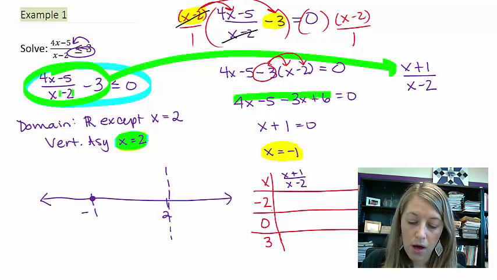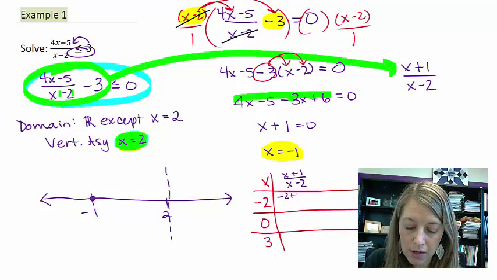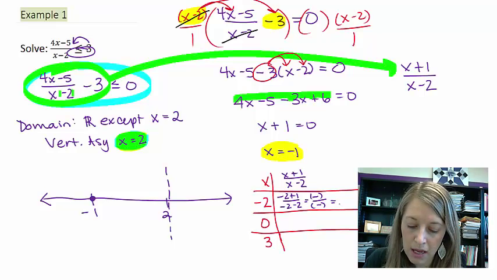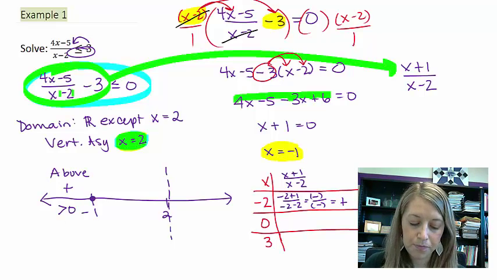Okay, so don't forget you need to plug it into the top and the bottom, the numerator and the denominator. When I plug -2 into the numerator, -2 plus 1 over -2 minus 2, on the top I get a negative, on the bottom I get a negative, and negative divided by negative gives me positive. So over here I have positive, which tells me it's above, or it is greater than 0.